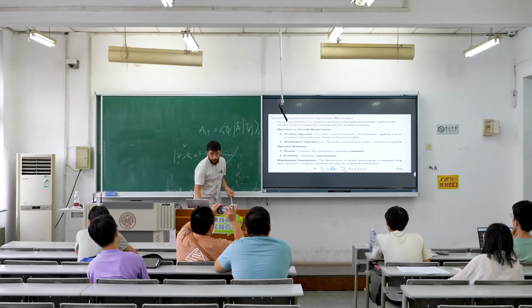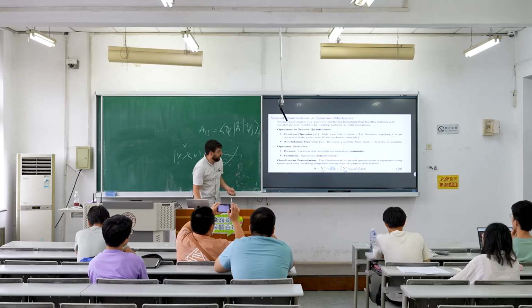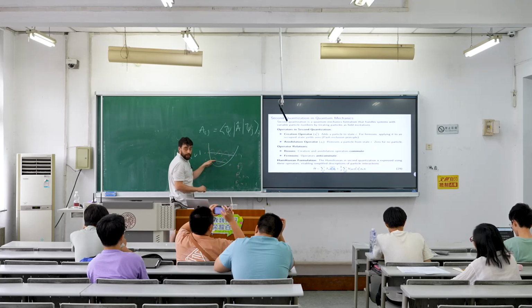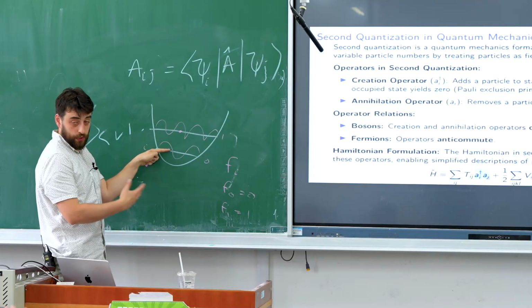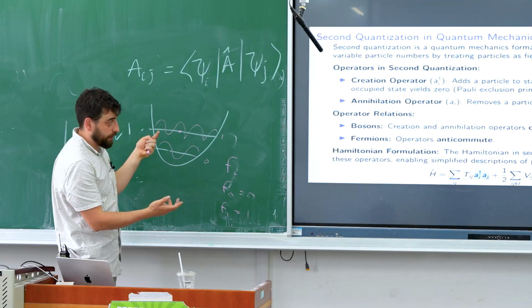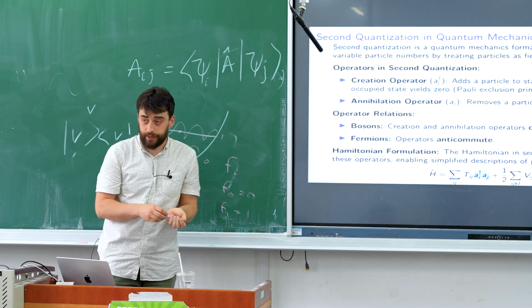And every interaction in our system is dealt with by creation and annihilation operators. So if we have a state and we want to put a particle into it, we can use a creation operator to stick a particle into that level. If we want to remove a particle, we can use the annihilation operator to get rid of it.